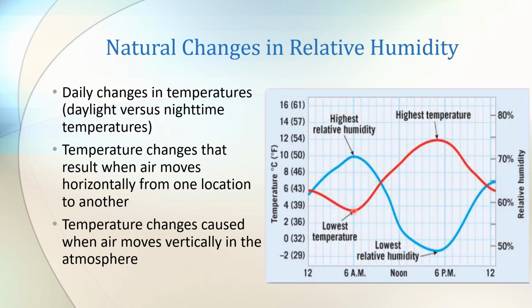So when the temperature is low, there is the highest relative humidity. So again, when you lower the temperature, there is more water vapor in the air. And then the lowest relative humidity is here at night or in the evening, because in the evening we have the highest temperature. So it's just like that, the relative humidity.